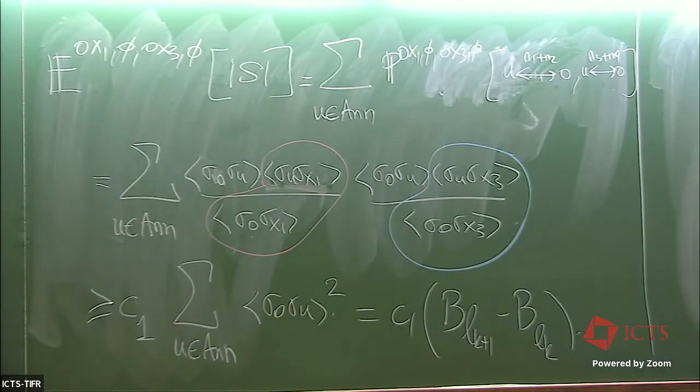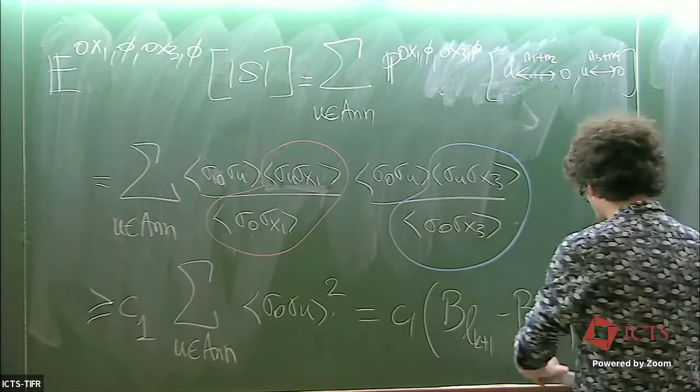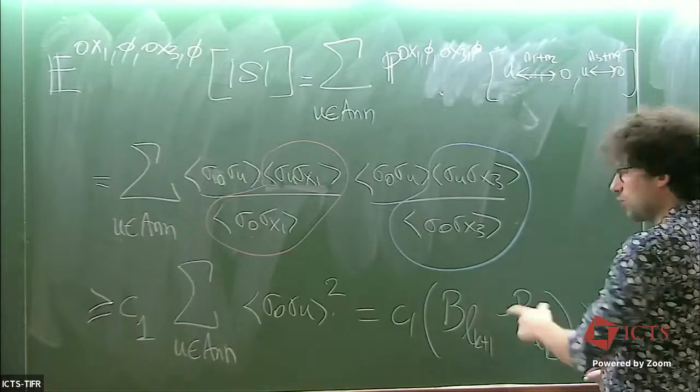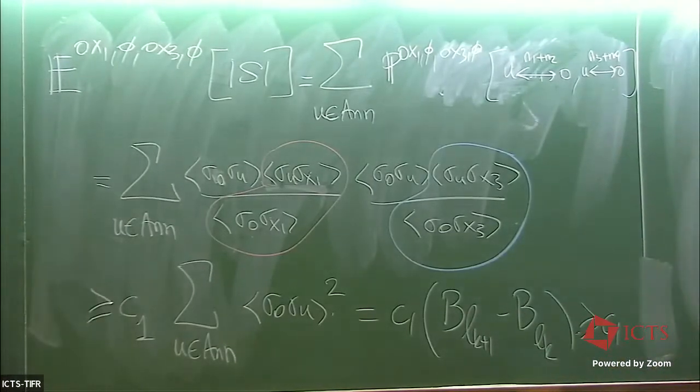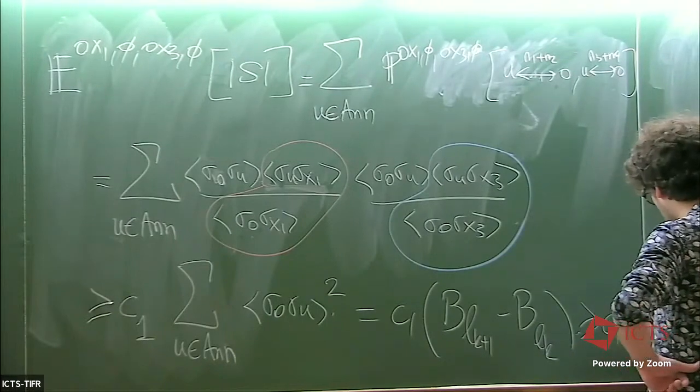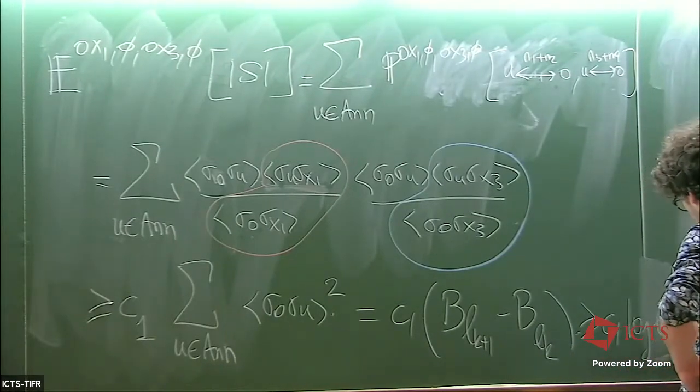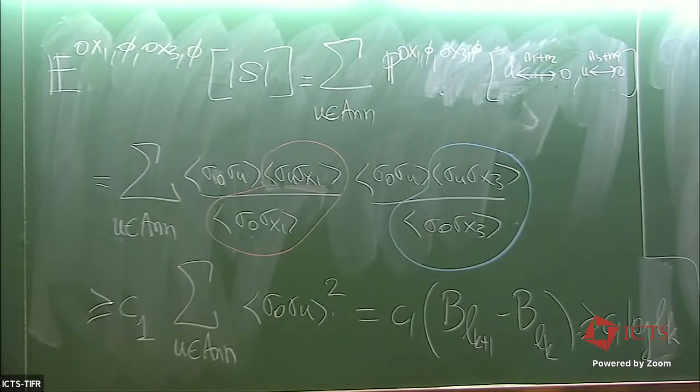In particular, because we are assuming that we have the Green function estimate for the two-point function, you get log L_k times C1.